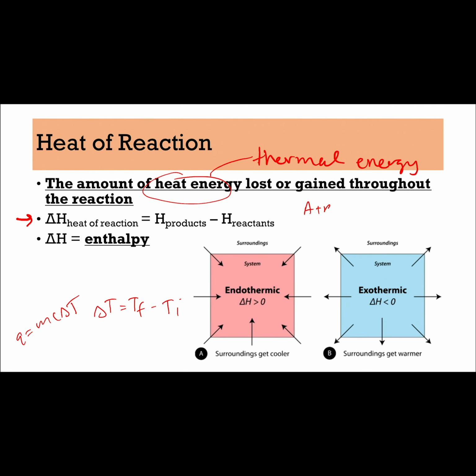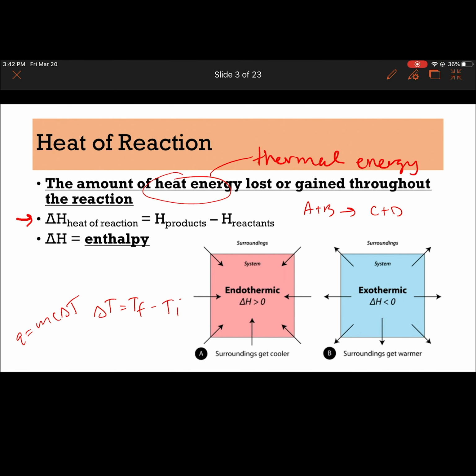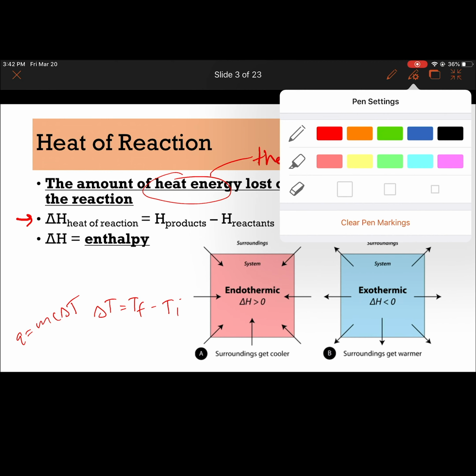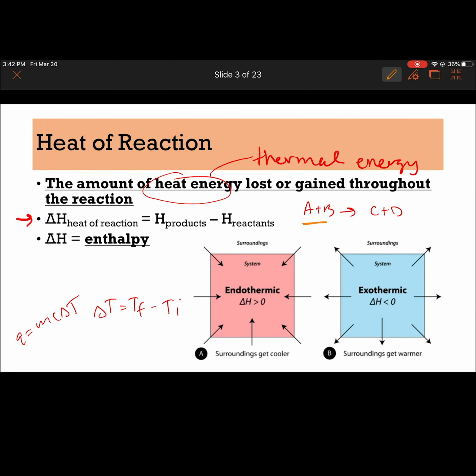If we have, for example, A plus B produces C and D, A and B are your reactants. In order for a reaction to happen, you need your reactants. And then you are producing your products.